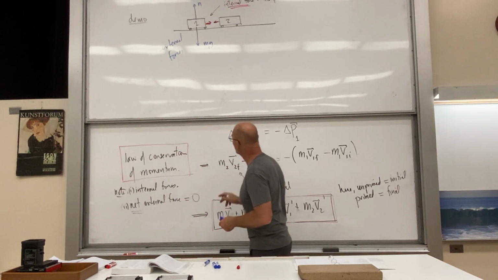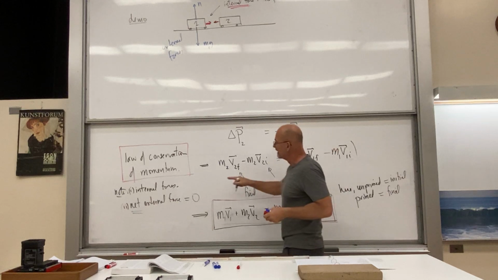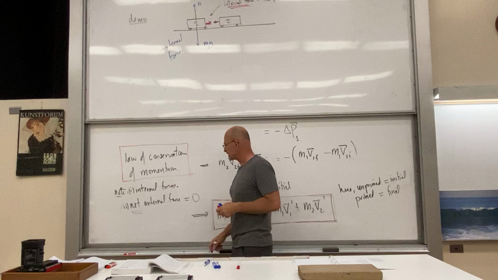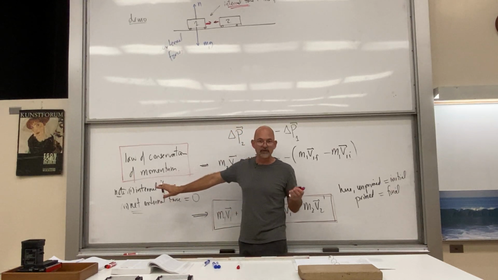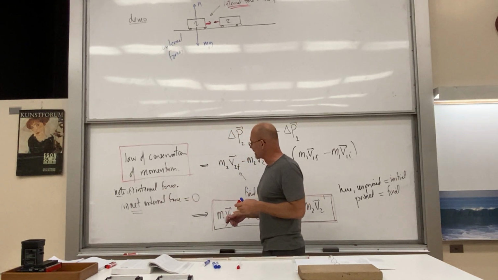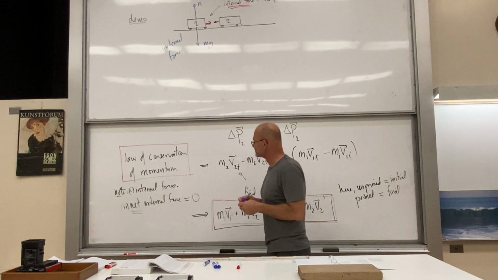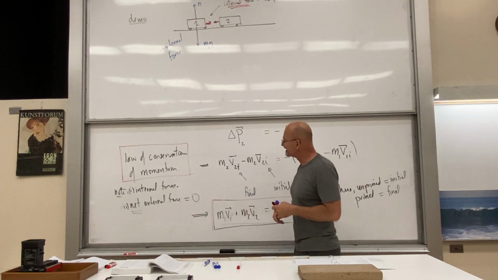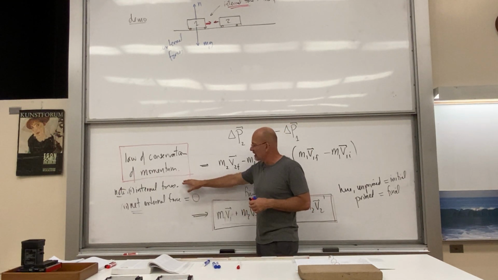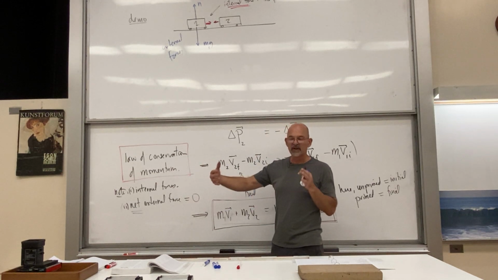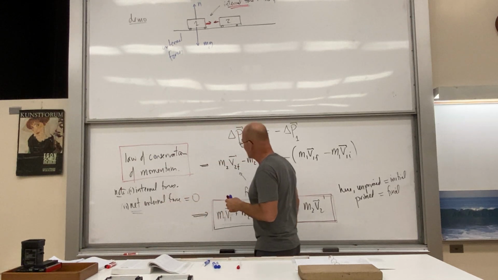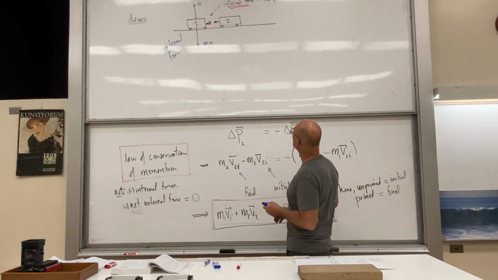Those are the forces that are involved, and the net external forces are 0. I don't want to imply that the internal forces are 0. They're not, but the net external force is 0. You could actually say that the net internal forces are 0, but that's for both bodies, so let's not go there for the moment. Net external force on an arbitrary body is 0. So there you have it.